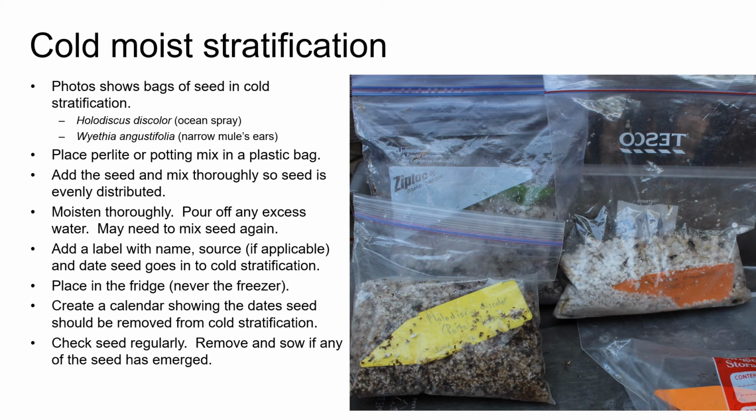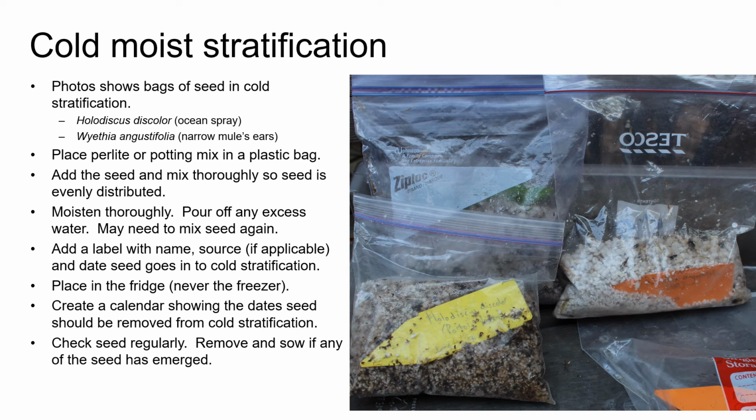The photo on the right here shows bags of seeds of some California natives that are being cold stratified. And the bags contain our locally native winter deciduous shrub, ocean spray, and a herbaceous perennial with bright yellow daisy-like flowers, narrow mule's ears, that grows in grassland plant communities.